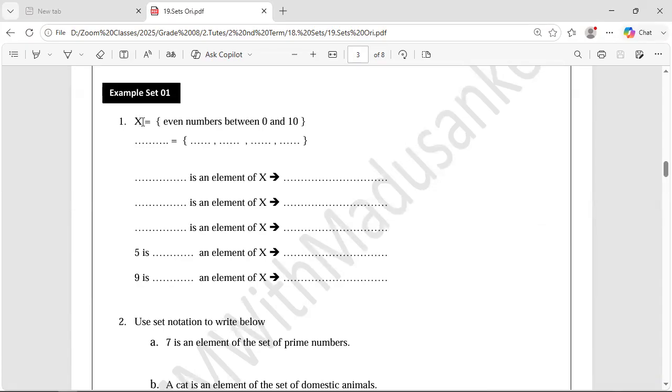Now this is the set X equal to even numbers between 0 and 10. Please send me the answer. What is the answer for X? X is equal to what? Which numbers? Tell me fast.